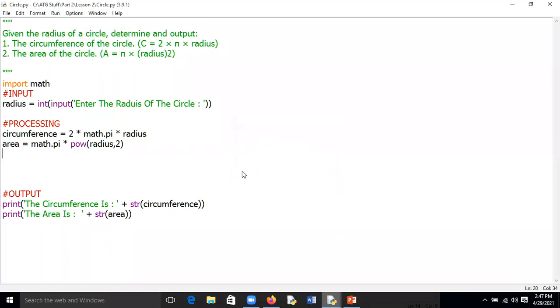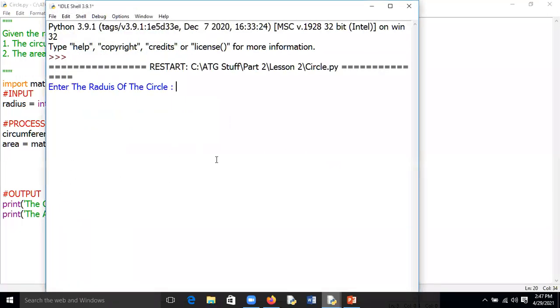So let's assume the radius of the circle was 10 centimeters or 10. And you look at some really, really confusing numbers there, right? Really confusing. So what do we have to do to make it less confusing?